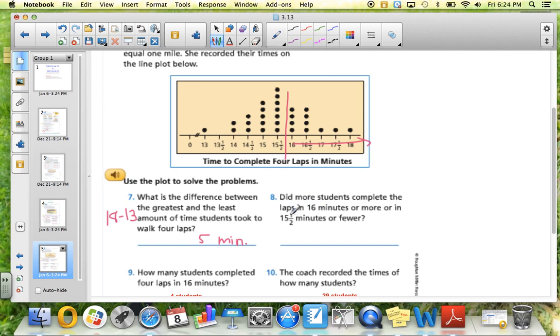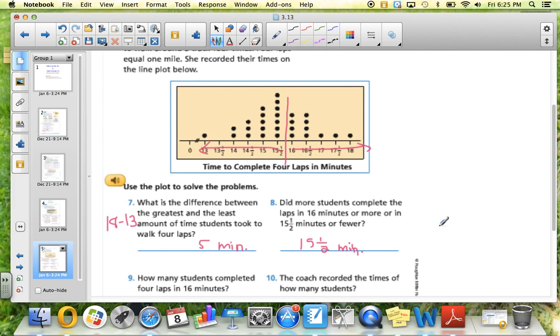And then we're comparing it to 15.5 or less. Well, we can look at these dots, and it's pretty obvious that this side has more dots than this side. So I'm going to go ahead and say it's 15.5 minutes or fewer. And you would write or fewer because you're awesome, amazing students and you follow directions.